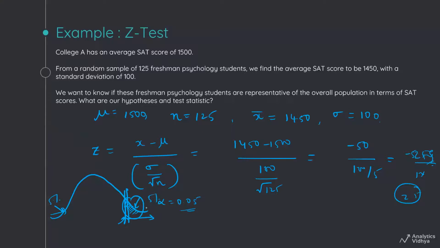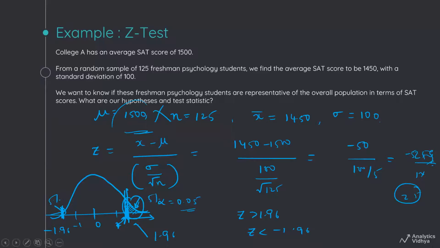If you look at the z table, these values would be 1.96 and minus 1.96, with 0 being your mean value. So this becomes my critical value. If my z statistic is greater than 1.96, or if it is less than minus 1.96, I reject the null hypothesis, saying that my hypothesized mean is not 1500 but it is something else.